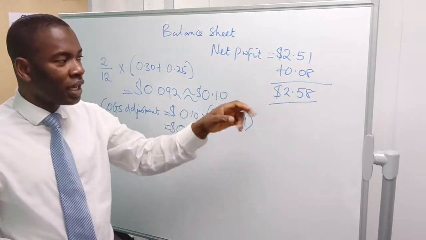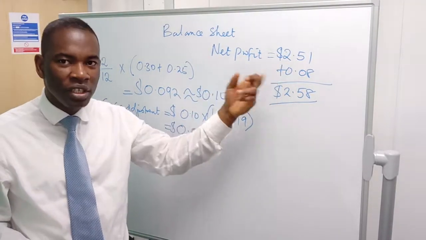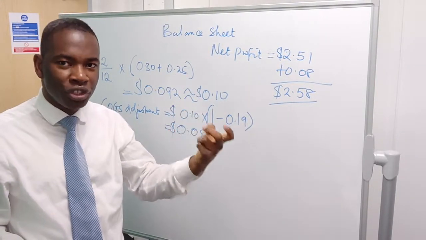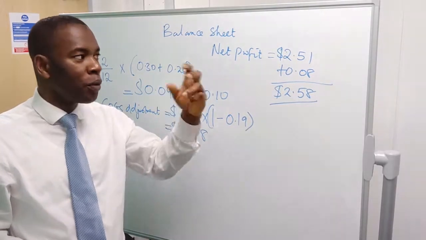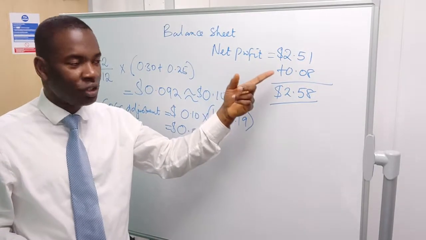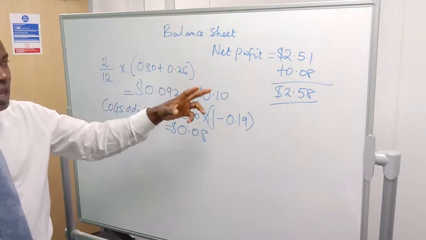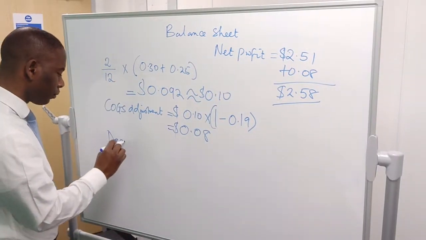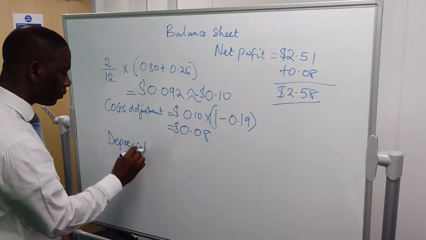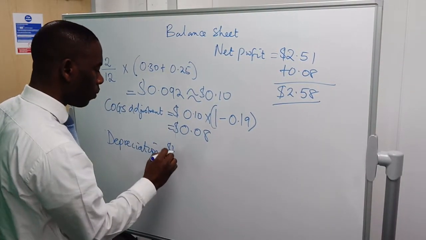So a company can choose to massage its net profit by changing the values of depreciation, assumptions of depreciation, or the principles it is using for depreciation. So if we then choose to recognize depreciation in the income statement, depreciation is equal to $1.